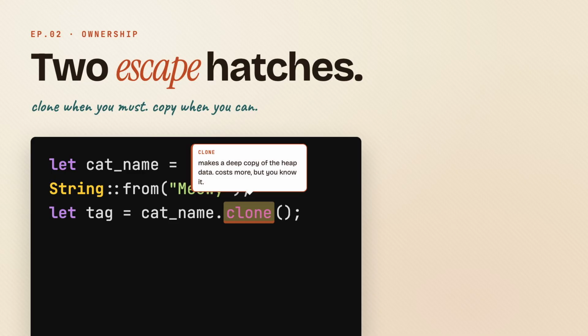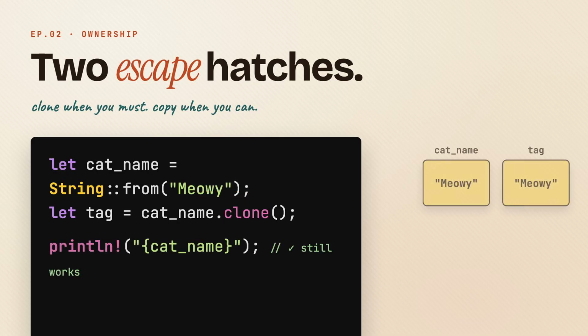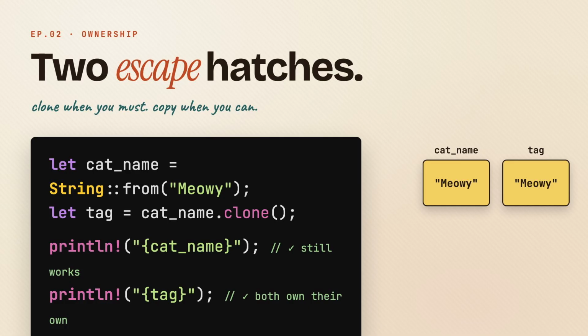It's slower than a regular move, but you wrote the clone method, so you know it's happening. Now the cat name variable still has its string, and the tag has its own copy, two pointers to the heap, and of course two owners.